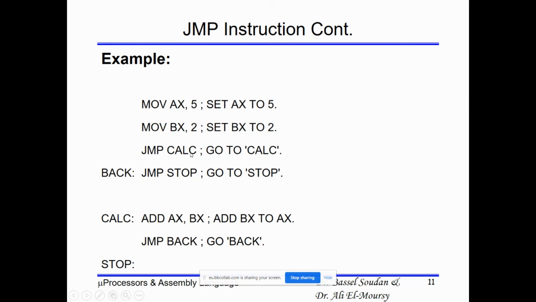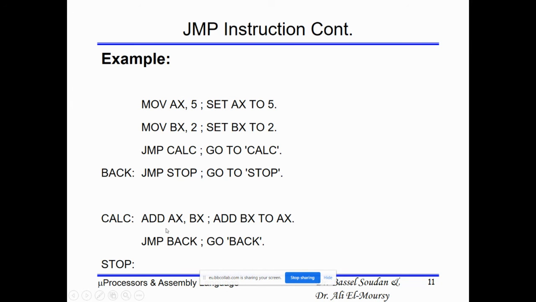So when I jump to calc_c, that means this calc_c will be translated into an offset, populating the IP, and the next instruction after this jump will be the instruction labeled by calc. So IP after this jump will be carrying the calc value, and accordingly the next fetch, decode, execute will start from here. The microprocessor effectively jumps to calc and executes this instruction, which is adding AX to BX.